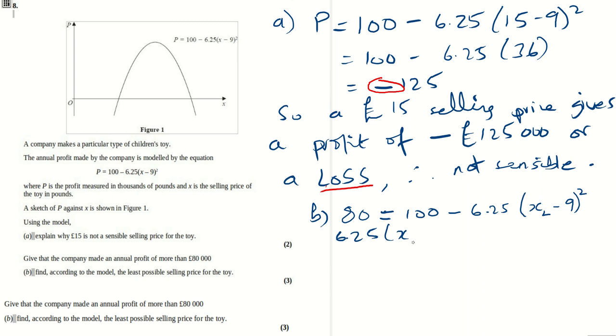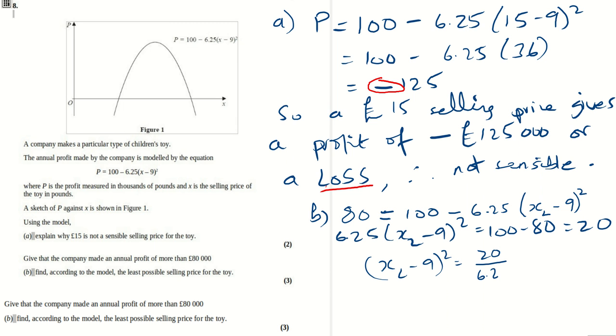6.25 (x minus 9) squared equals 100 minus 80, which is 20. So (x minus 9) squared is going to equal 20 over 6.25. So x minus 9 is actually going to equal plus or minus the square root of 20 over 6.25.